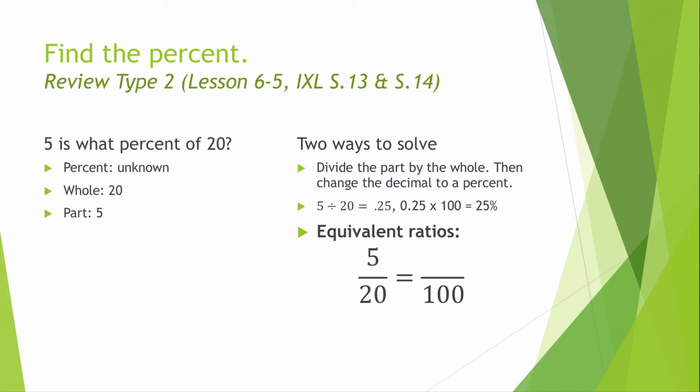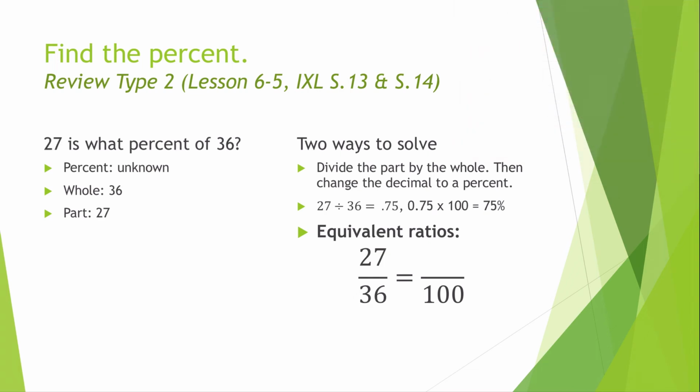You could even look at it this way and say, whatever I do from 20 to get down to 5, I would do the same to 100 to get to this. And I know 20 divided by 4 is 5, so I could do 100 divided by 4, and that would give me 25 also that way. So the answer is 25% doing it that way. So that's a type 2 problem from last week.